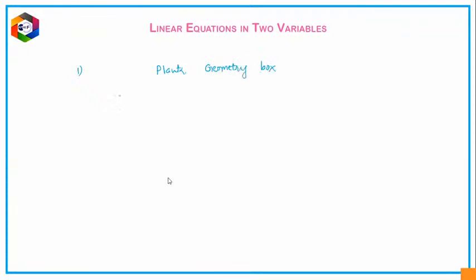For your neighbors or relatives, we need more in number, not only one. Suppose you have purchased three planks and five geometry boxes. In total, you have given 220 rupees to the shopkeeper.